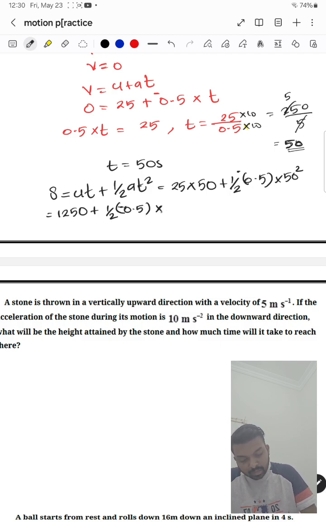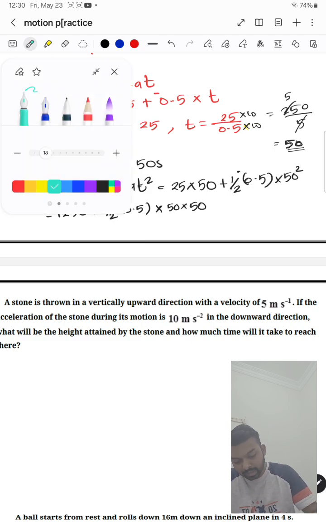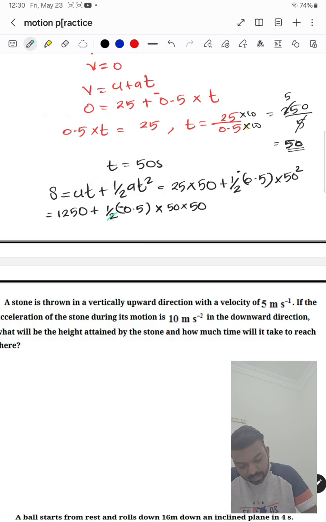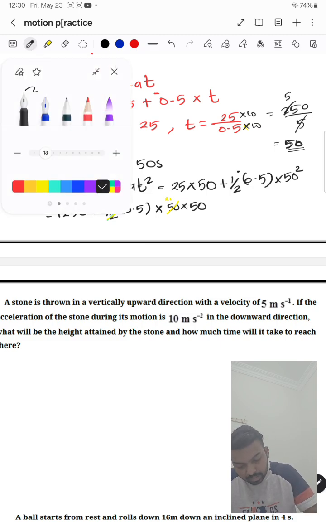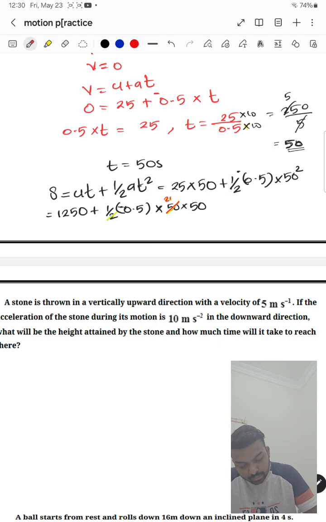Minus 0.5 into, I am writing 50 square as 50 into 50. So what becomes of this half? I'll make it with another color, so half and half gone, it will be 25. And what about this thing?